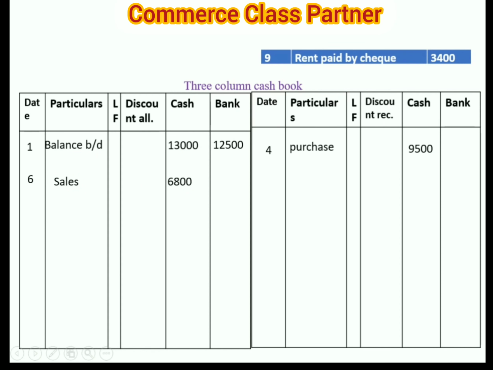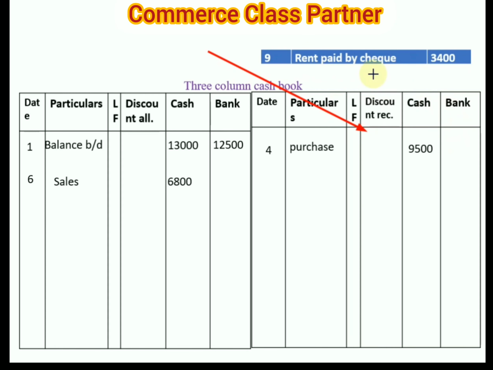Next transaction is rent paid by check. This is the case of payment, so all payments should be given on the credit side. We have paid rent, so rent should be credited, but we have paid it by check. This is not a cash payment, this is a check payment. When we are paying using check, the bank account should be affected.